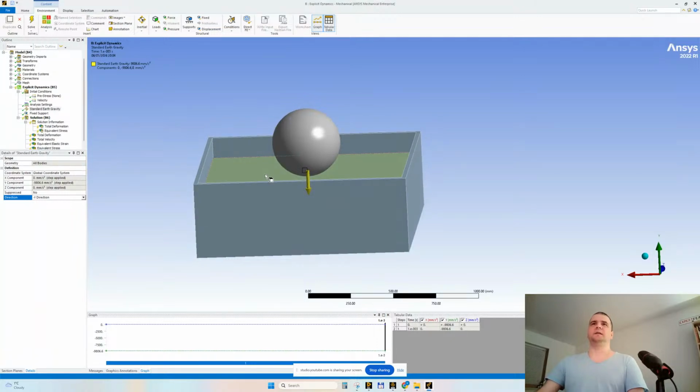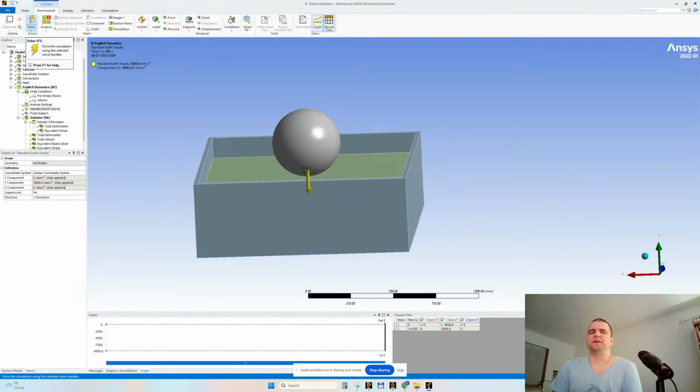But if we extend the solving time, the end time, we can also see the water come back. All right. Save again. And solve.